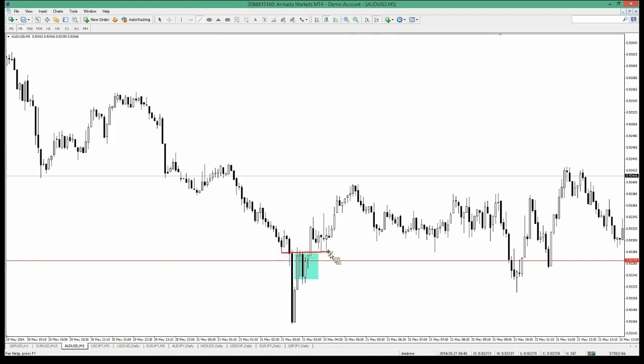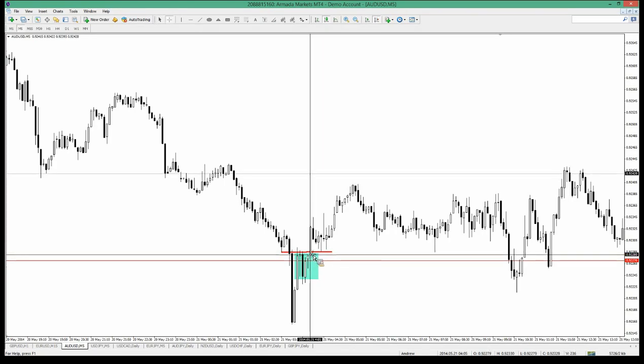Okay, and just have a look at the left hand side. So you've got this level of support, then it becomes resistance, closes above, pulls back, and it finds support. Okay, that's your entry. Stop loss placement comes in here below this low.